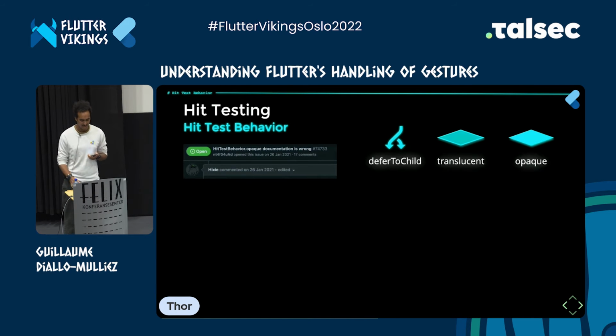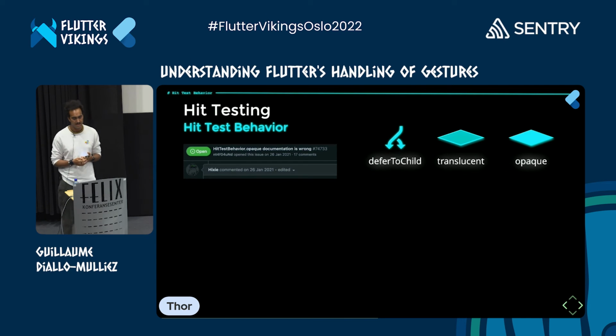To do this, I will quote an issue on GitHub about how the hit test behavior opaque documentation is wrong. This issue, which is quite long now, has great discussions, and there is an answer in particular from Hixie, Ian Hickson from Google, where he explains very well what hit test behaviors are, using three questions.